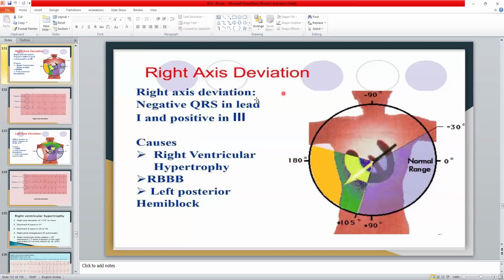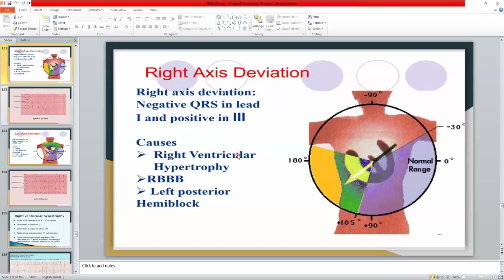So in the right axis deviation, the QRS is negative, that is, R wave is smaller than the S wave in lead 1 and positive in lead 3. What are the causes for the right axis deviation?